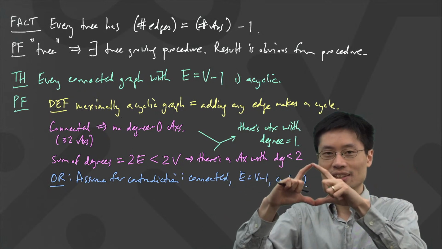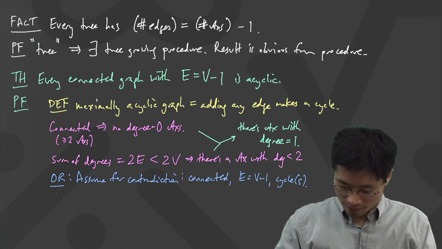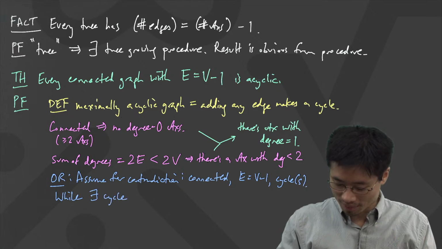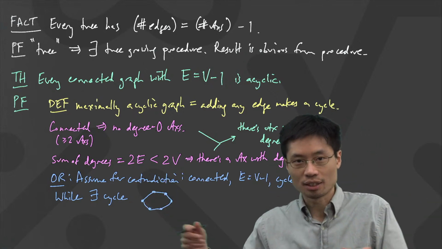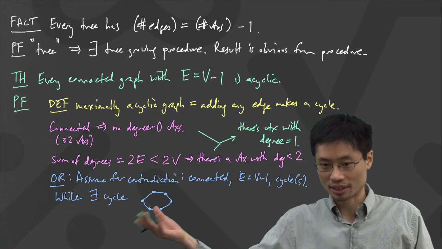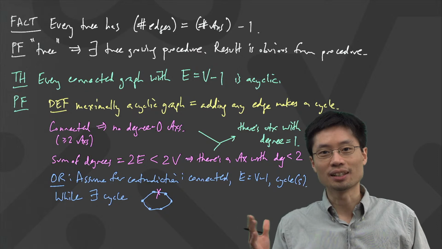Every time you have a cycle, if you just rip out one edge, so what's going on here is a while loop. While there exists a cycle, which might look something like this, and by the way, there's other graph all around, it's just that there's a cycle inside the graph, simply rip out an edge.